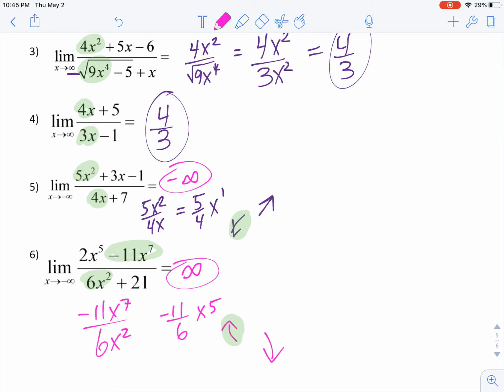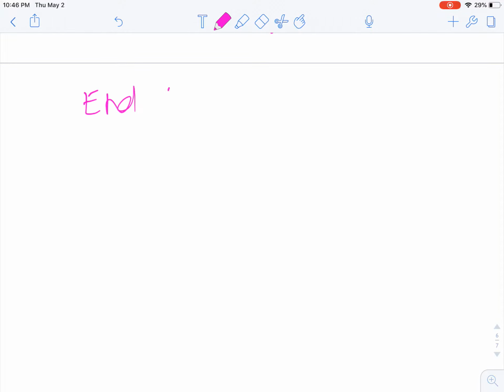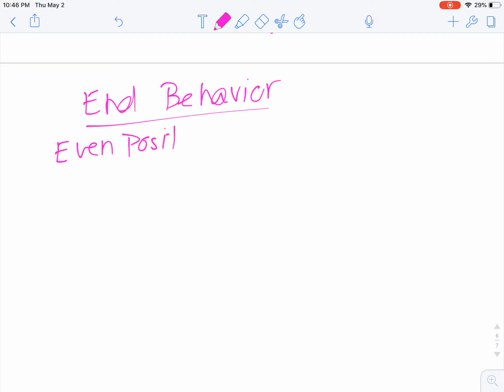One thing I want to go over just right at the end, maybe we should have gone over earlier in the lesson, but just the end behavior rules. So if you have an even positive function, start up, end up.